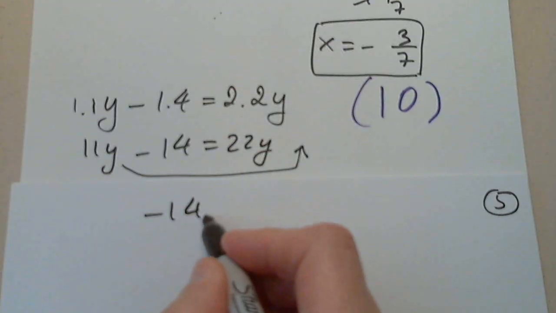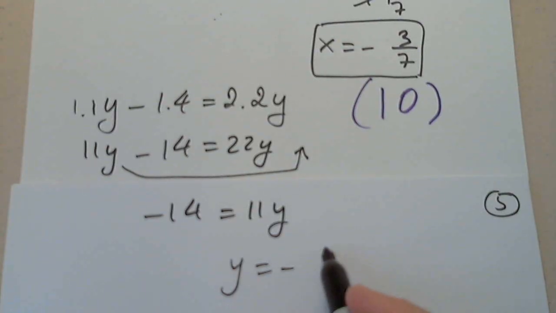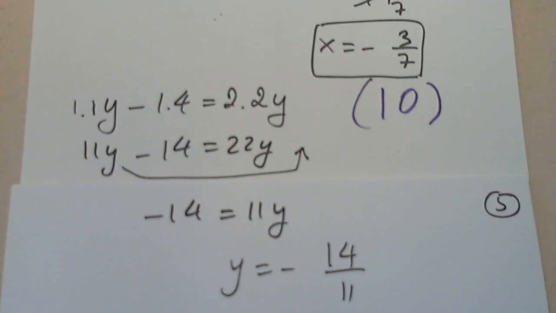The left-hand side is negative 14. All I have to write is y equals negative 14 over 11. If they want us to change it into a mixed number, we will. If they want us to have it in the simplified form, lowest terms it is already.